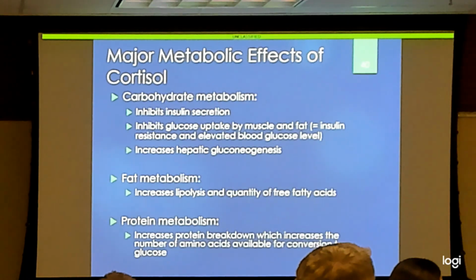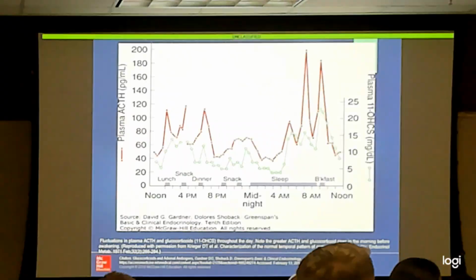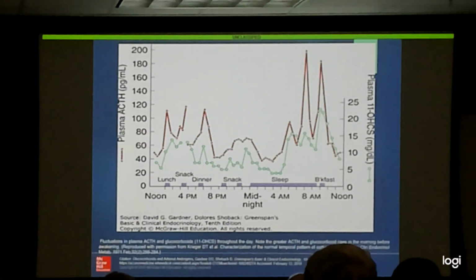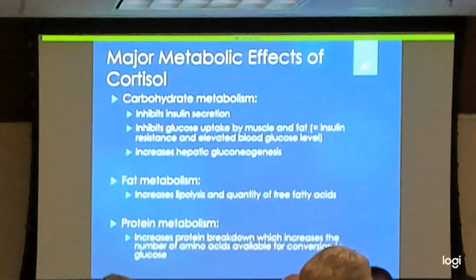This is what it normally does. It does spike up during meal time, so on this other chart, lunch here, boop, spikes up. Dinner here, spikes up. Snacks here, a little bit spiky. Breakfast, crazy high. But that's a normal daily basis for all you healthy individuals. But if I have too much cortisol and too much ACTH, what's going to happen? I end up in hyperglycemia because of this.